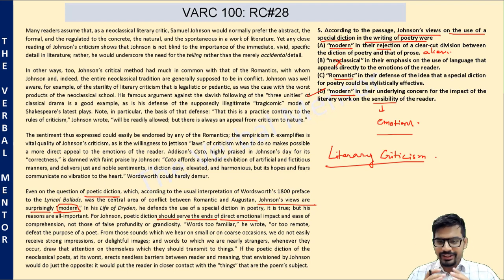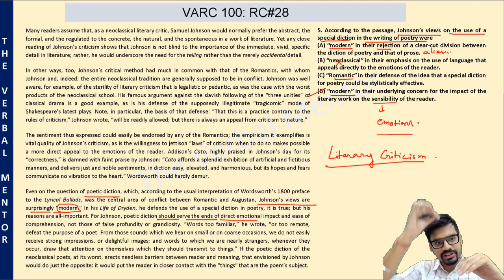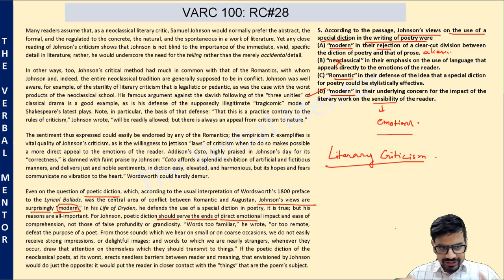So it's like a matrix. Shakespeare wrote something, Samuel Johnson evaluated this work, author of the passage evaluates Samuel Johnson's works. Such passages become difficult because there are multiple characters involved. So you have to see whose opinion is what.